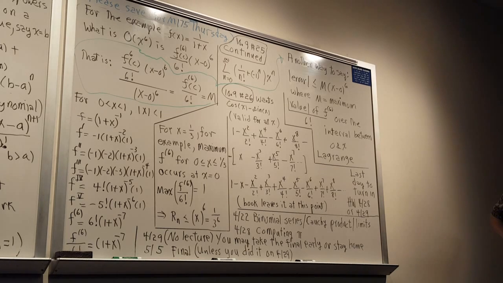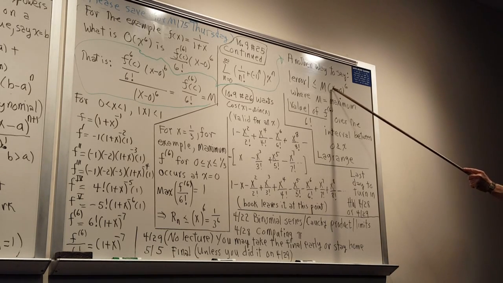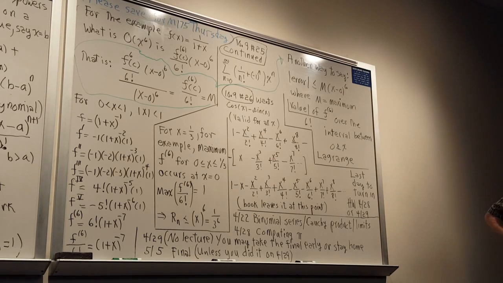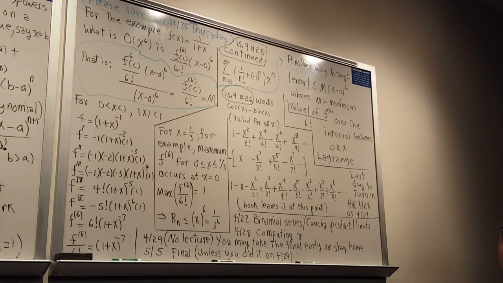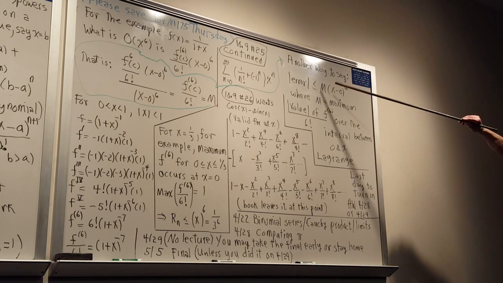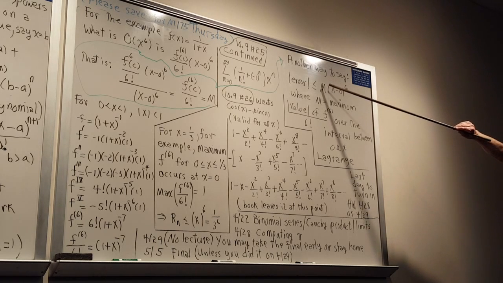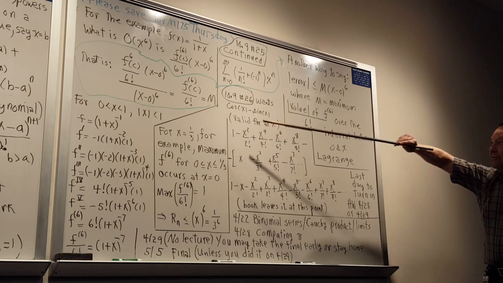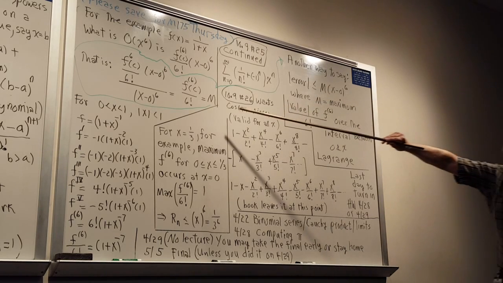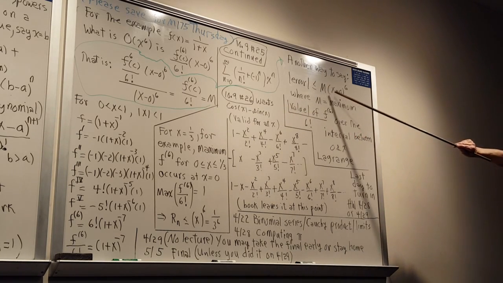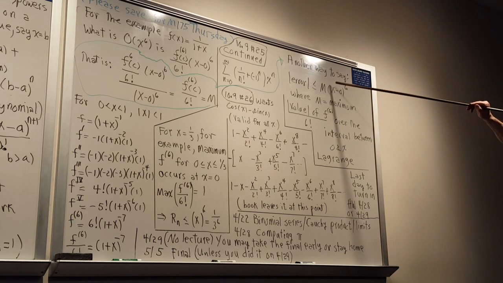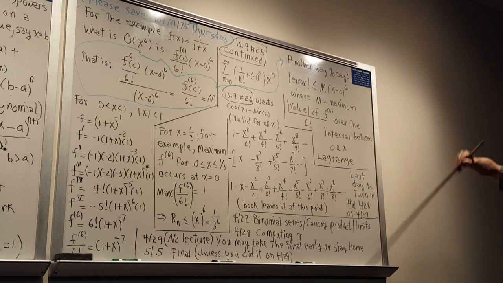And so if you're working here with a number that's comparatively small, like pi over 180 for sine of 31 degrees, what you have is an M, which is the most the derivative could be, which is 1 for sine or cosine. You'd have the 6 factorial in the denominator and a number like pi over 180 to the 6th power, which is a small number.